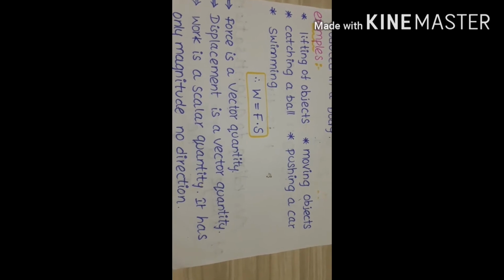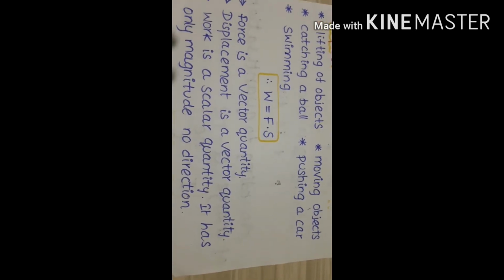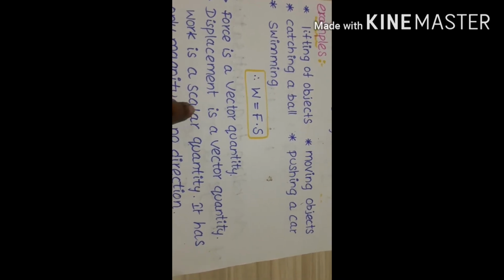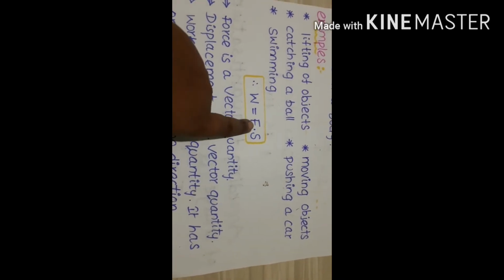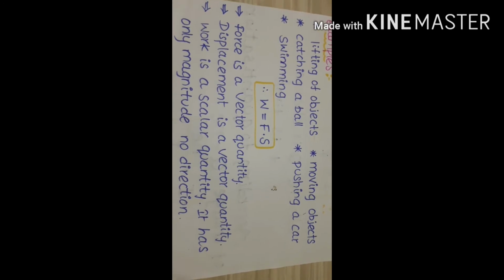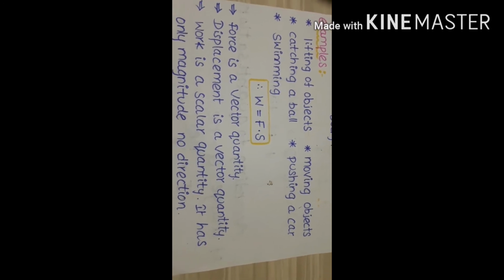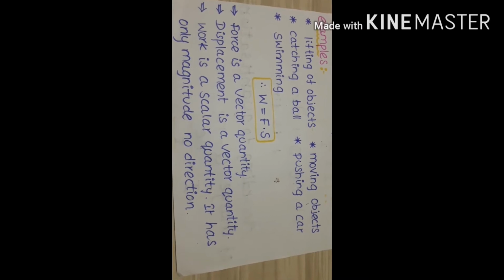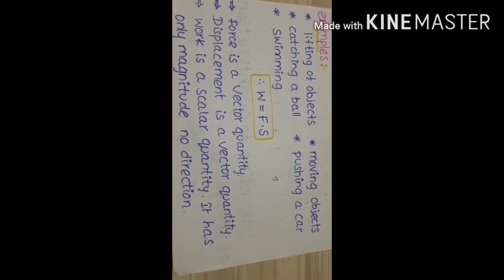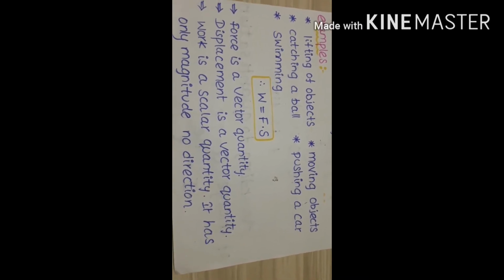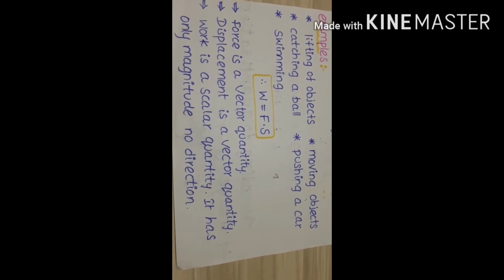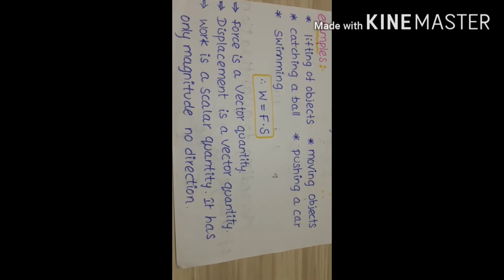When we multiply the two vectors, it gives a scalar quantity, represented by the dot. So work is a scalar quantity. Work has only magnitude, it has no direction.